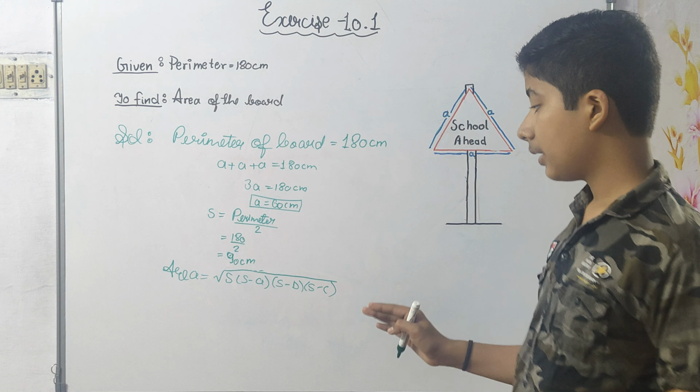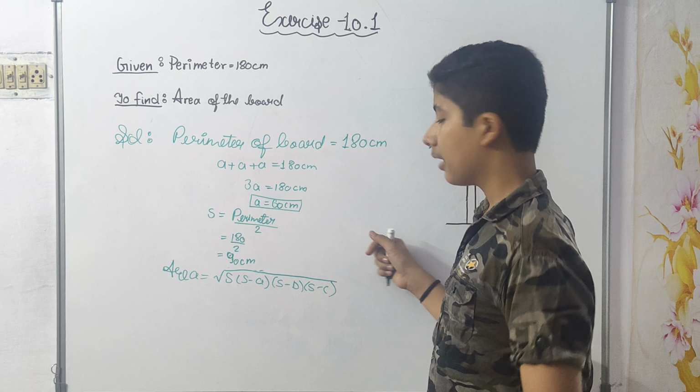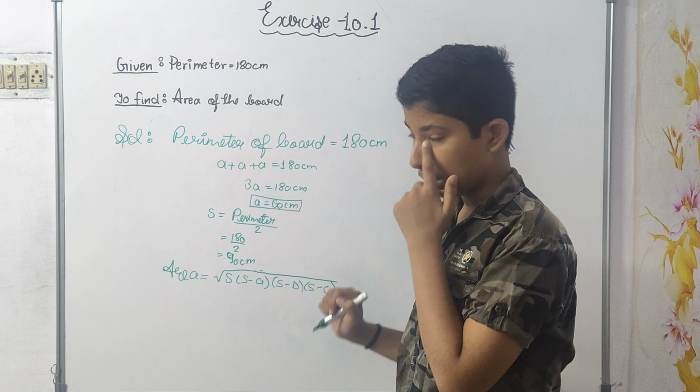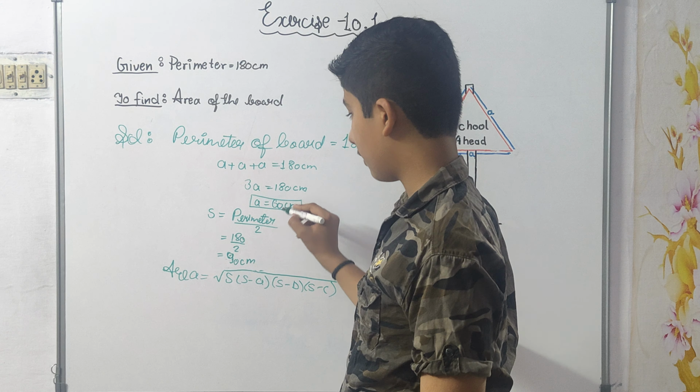Now, since all the sides are equal, S minus A into S minus A into S minus A. S is 90 and the side is 60.